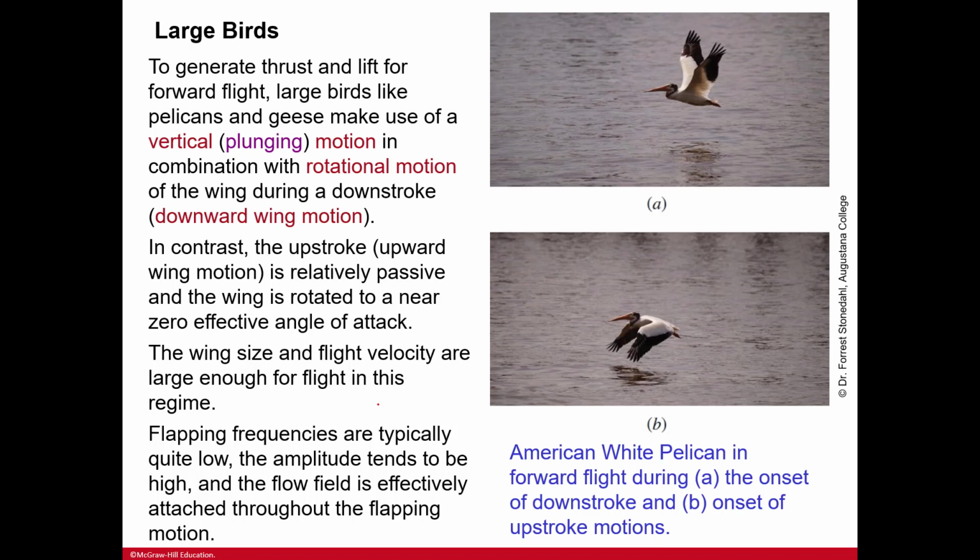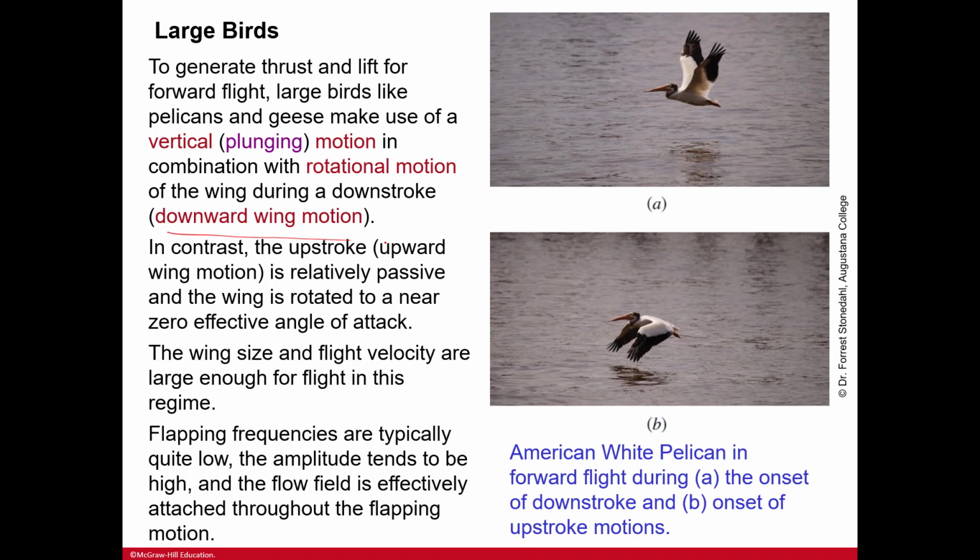Large birds, like pelicans and geese, generate thrust and lift for forward flight by making use of vertical plunging motion in combination with rotational motion of the wing during a downstroke, or downward wing motion. In contrast, the upstroke, which is the upward wing motion, is relatively passive, and the wing is rotated to a near zero effective angle of attack.